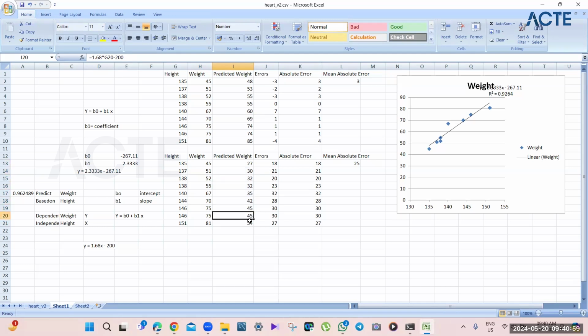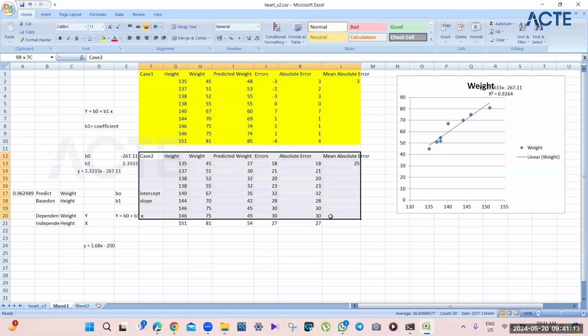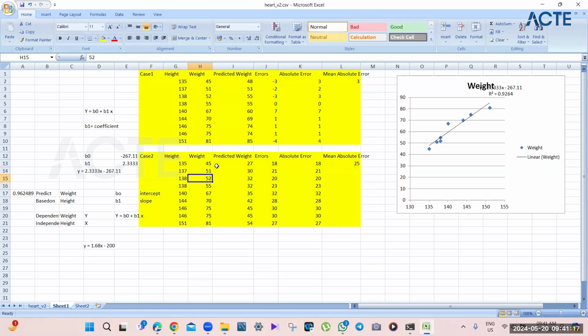So this is case one, and this is case two. These are individual cases. Here also we have done the same thing.